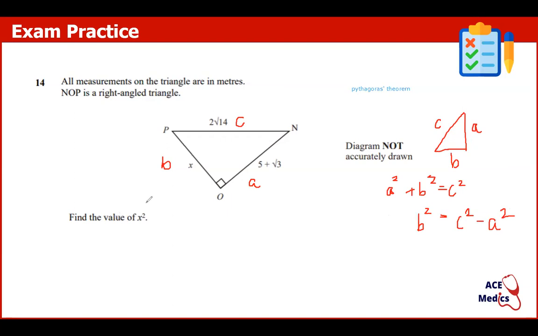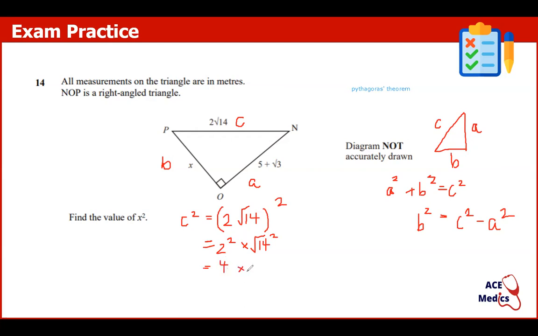Cool. So what's C squared then? C squared equals 2 root 14 squared. So that's going to be 2 squared times root 14 squared. 2 squared is 4, we know that.